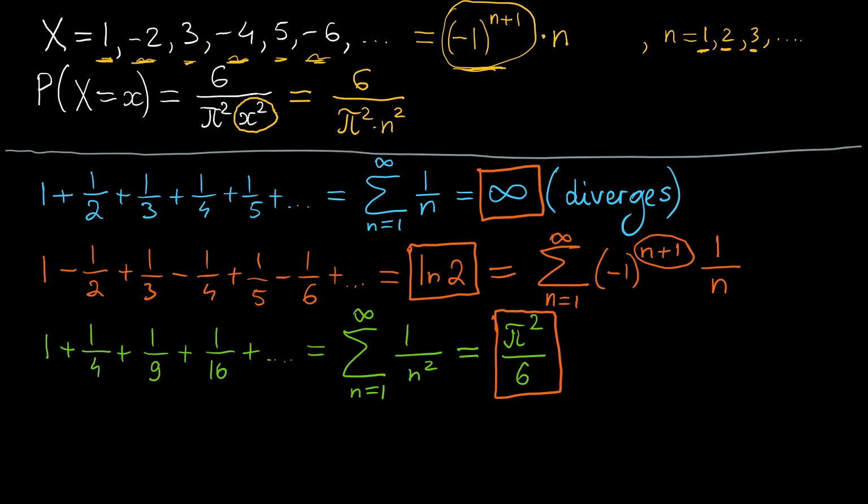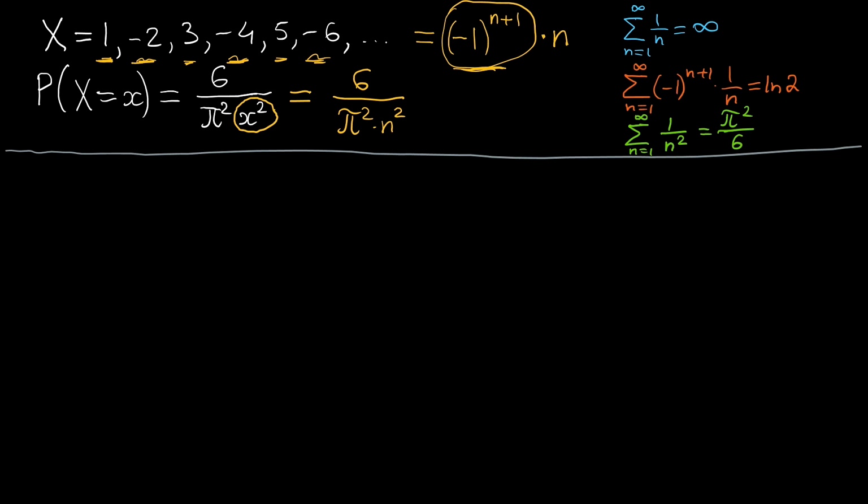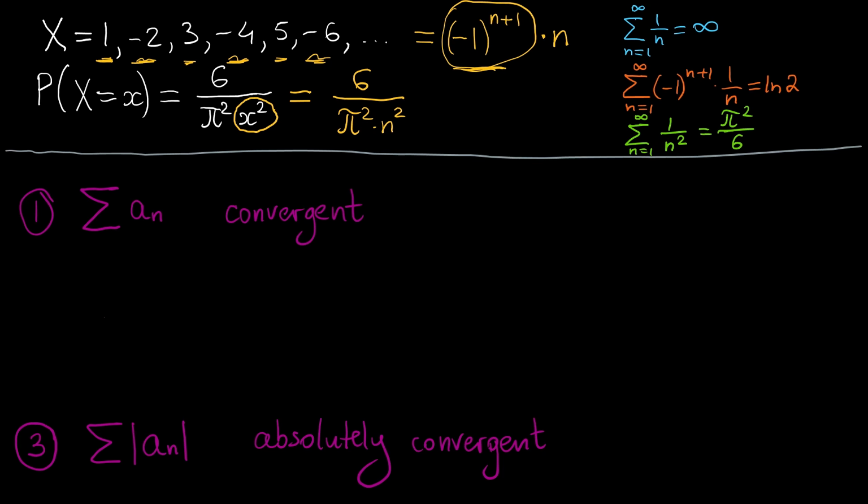I'll collapse these three results and put them in the top right corner. Now let's revisit some terminology from calculus. I'll jump to 3 here. A series is called absolutely convergent if the series of absolute values is convergent. In other words, notice that the series that we were initially talking about is the sum of the terms a_n.